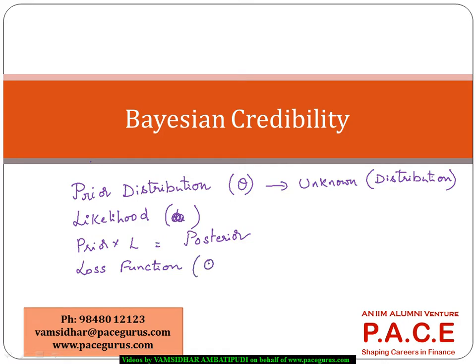It could be a quadratic loss function, or an absolute loss function, or an all-or-nothing kind of loss function. Any of these loss functions we'll use and come out with a Bayesian estimate. This is how we typically estimate the parameter whenever we bring the Bayesian theory into consideration.